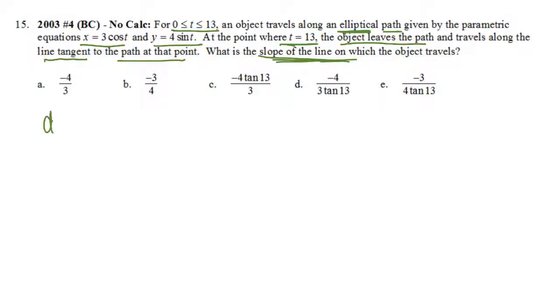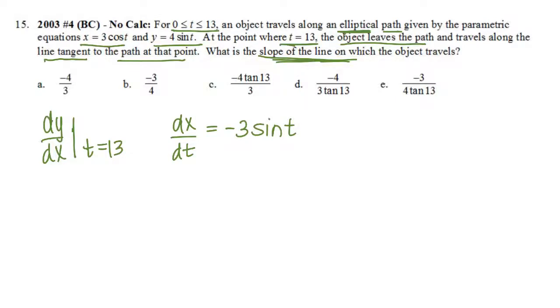So I need to somehow come up with a dy/dx value when time is 13. So we can build that. We have dx/dt. Derivative of cosine is negative sine, so we have negative 3 sine t. And then we also have dy/dt, that's going to be 4 cosine t.